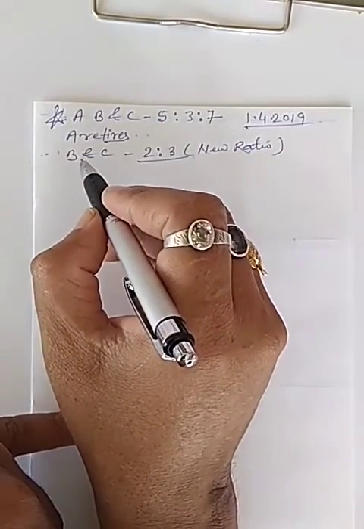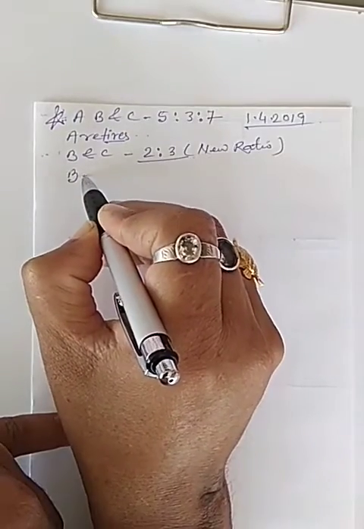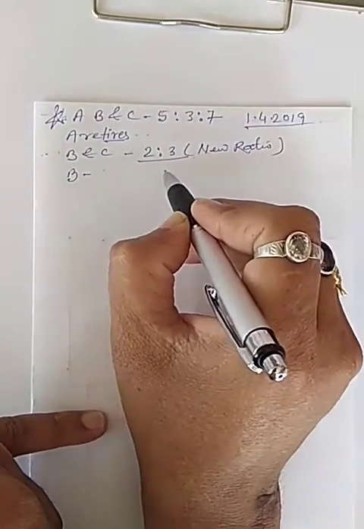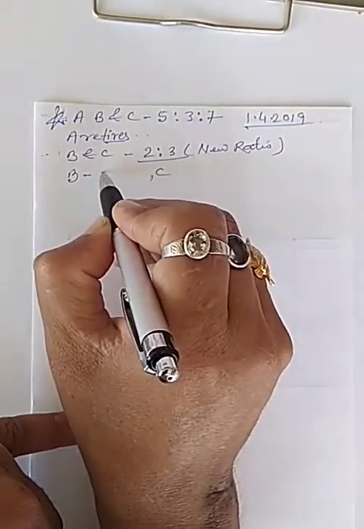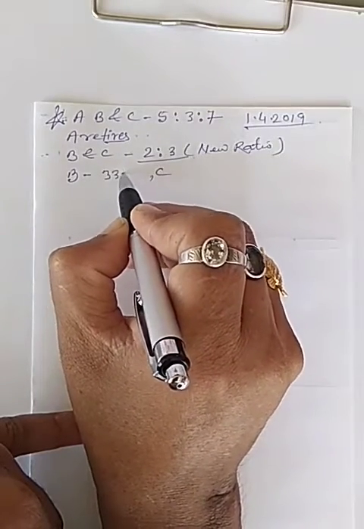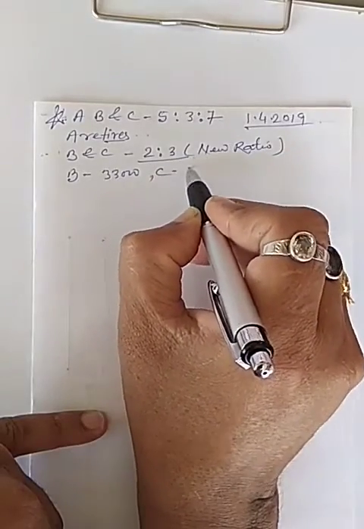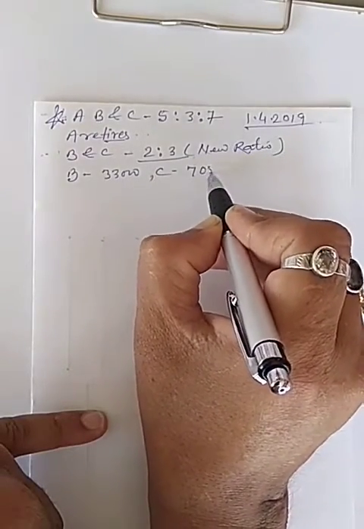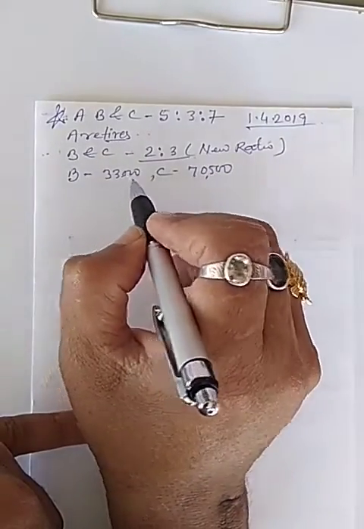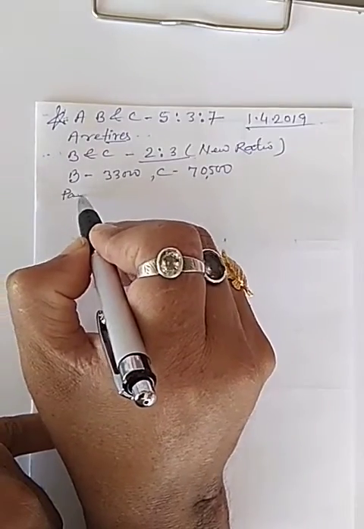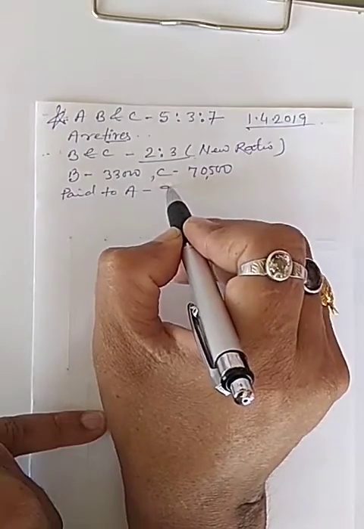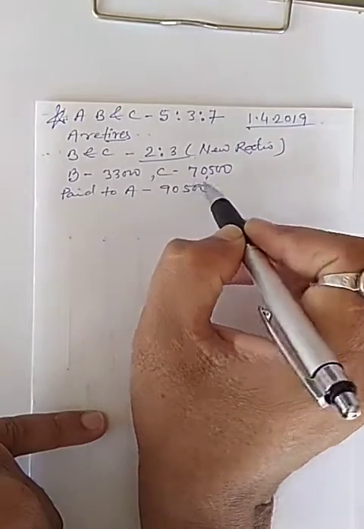This is the question. The adjusted capital accounts of B and C are given, suppose 33,000 and 70,500 respectively. The total amount to be paid to A is given as 90,500.